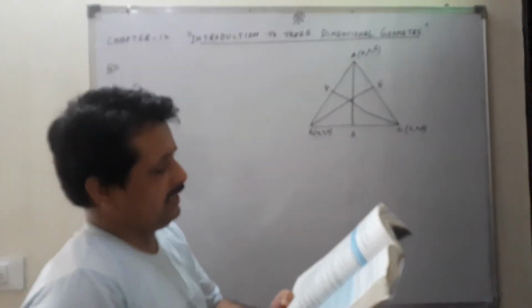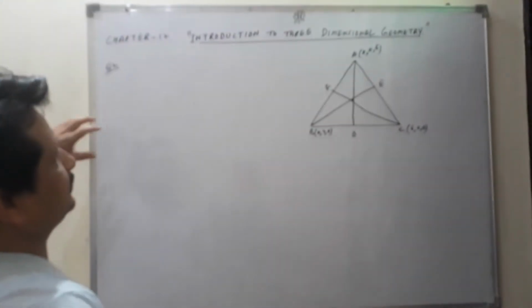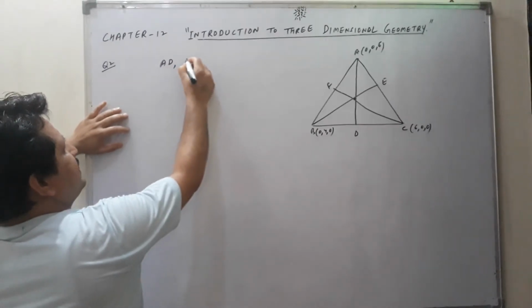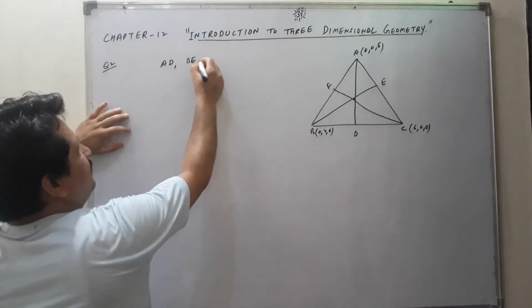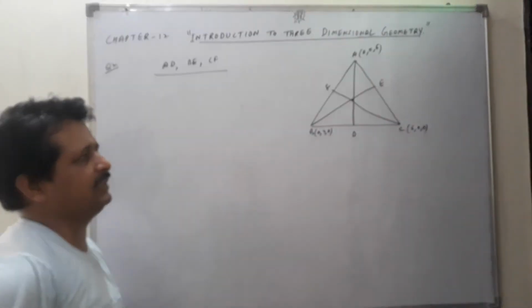Find out the length of the medians. Now students, our target is to find out AD, BE and CF. AD is the median, BE is the median and CF is the median. We have to find out the length of these medians.